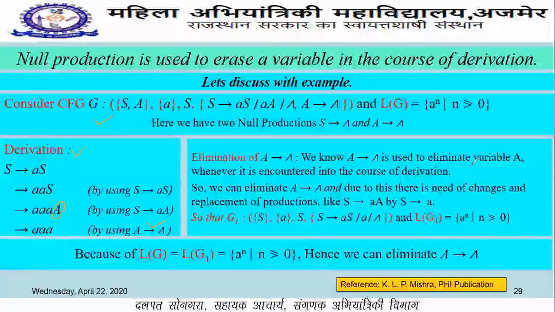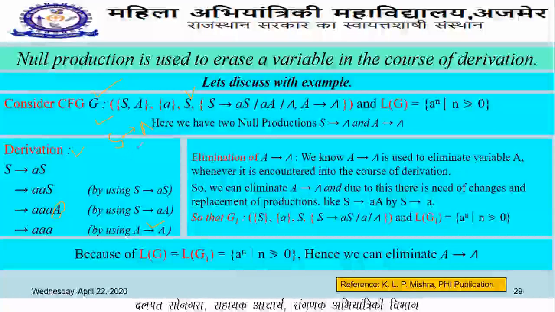One more thing, if the language contains the null string, then there is a useful null production that is associated with the starting variable. That means if S is the starting variable, then S tends to null gives us the language of G having the null string.